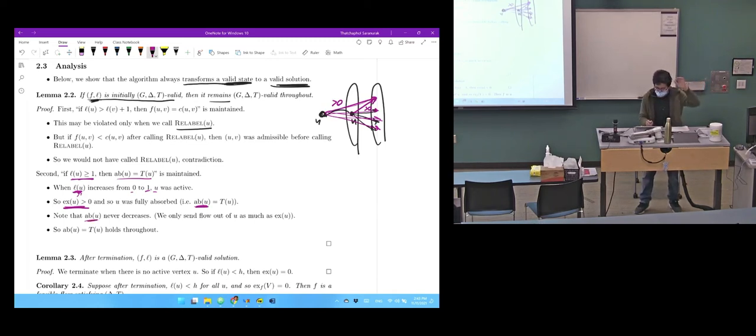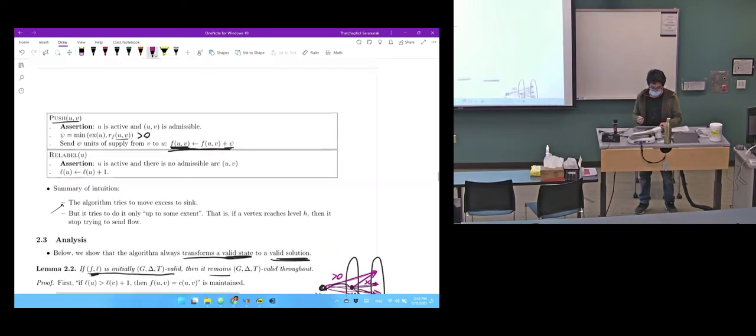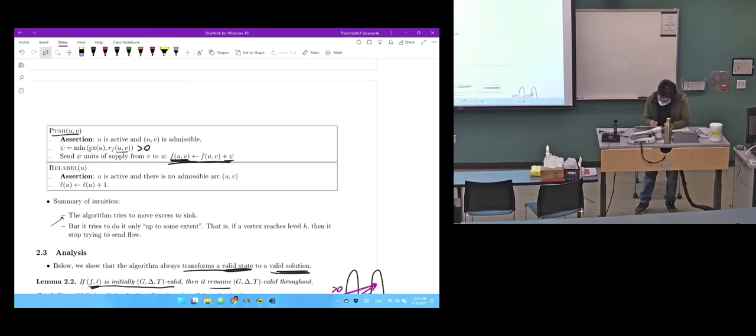But the absorption at U never decreases. Why is that? Because you are always pushing only. When we push the flow out of U, we never push more than its excess. That's why once it is fully absorbed, you don't push out what is already absorbed.